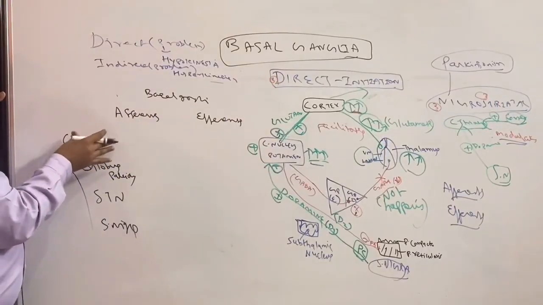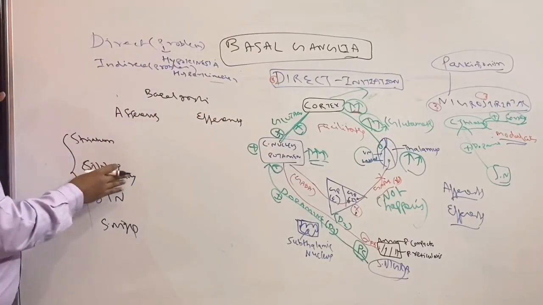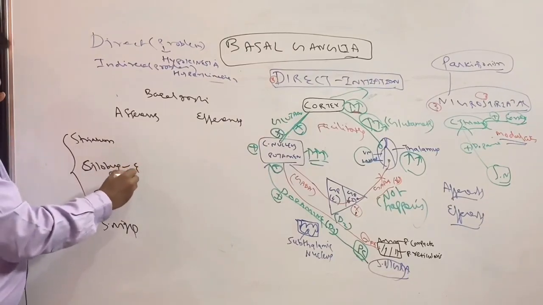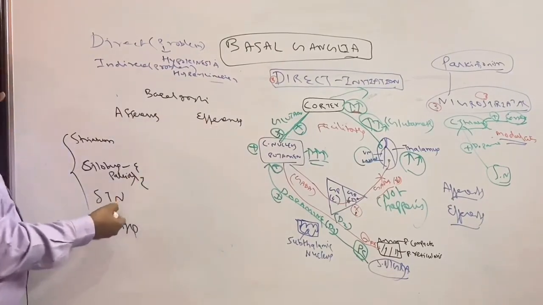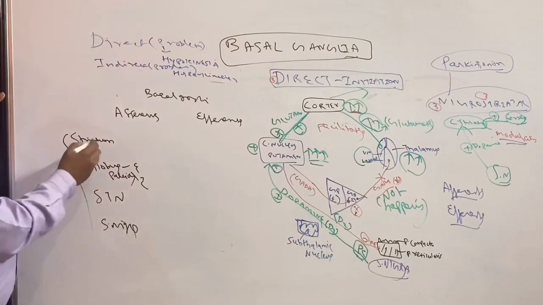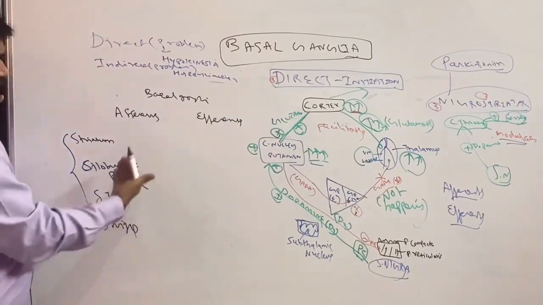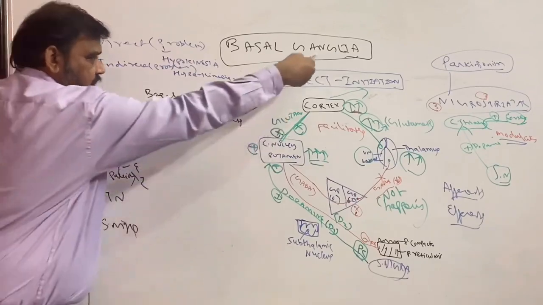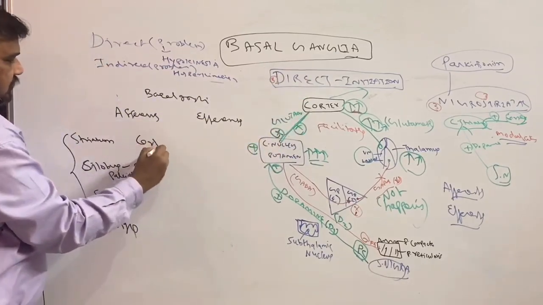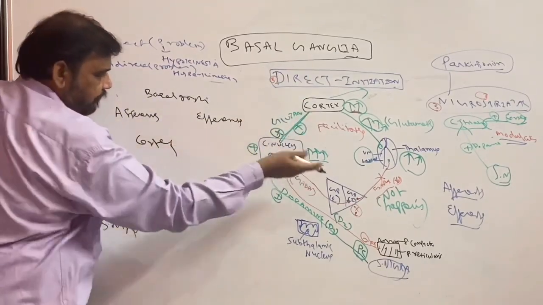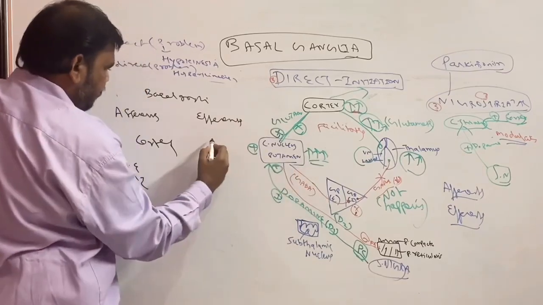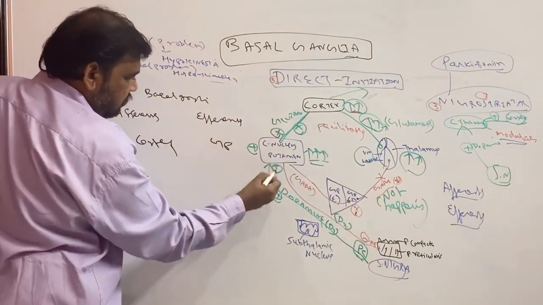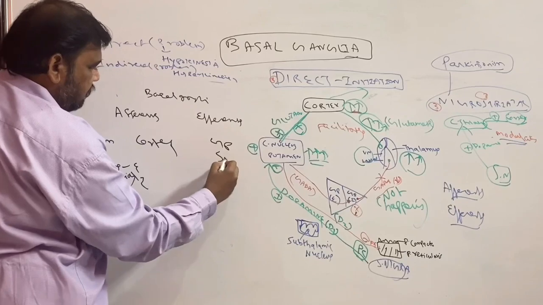So for the corpus striatum, what are the afferents and efferents? For the globus pallidus, externa and interna, the afferents and efferents, similarly for substantia nigra. Let us see from the diagram; you can tabulate this easily. For the corpus striatum, the afferents are from the cortex. From striatum, the efferents go to globus pallidus and also to substantia nigra.